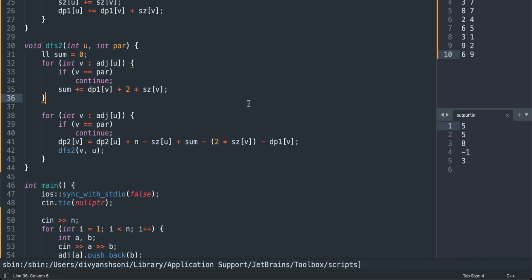So there are 5 nodes, so every node's distance is incremented by 2, right? Every node's distance is incremented by 2. Okay, let's do this exercise, maybe we'll get something.